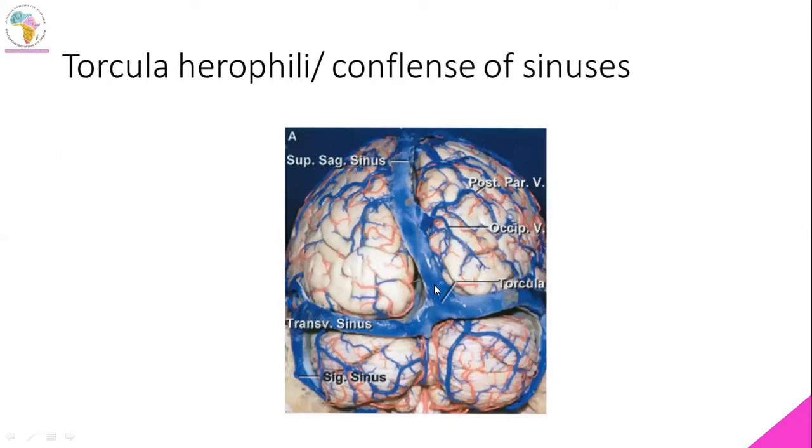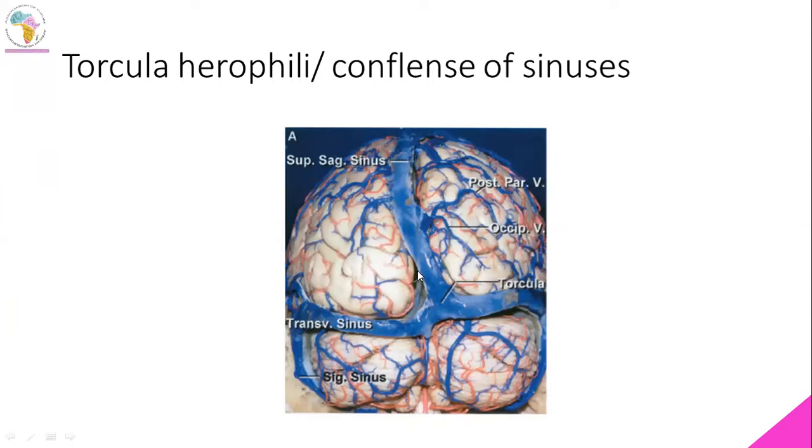Those four sinuses, along with the straight sinus that comes from inside, form a confluence of sinuses. We call it the torcular. This torcular is a midline structure where all those sinuses come together to make connections.